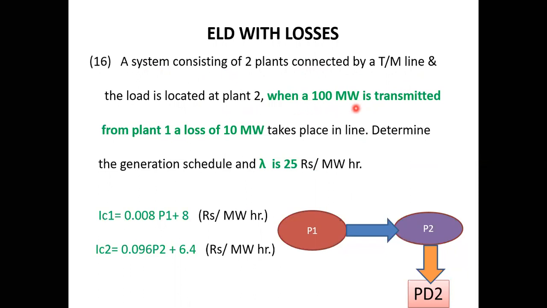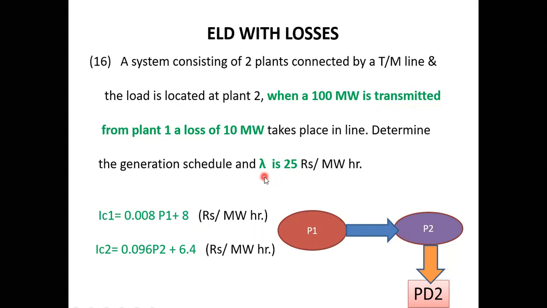And when 100 megawatt is transmitted from plant 1, a loss of 10 megawatt takes place in the line. So this is nothing but our transmission. What they are saying is, when 100 megawatt is transmitted from power plant 1 to PD2, then in this transmission line, 10 megawatt loss occurs.